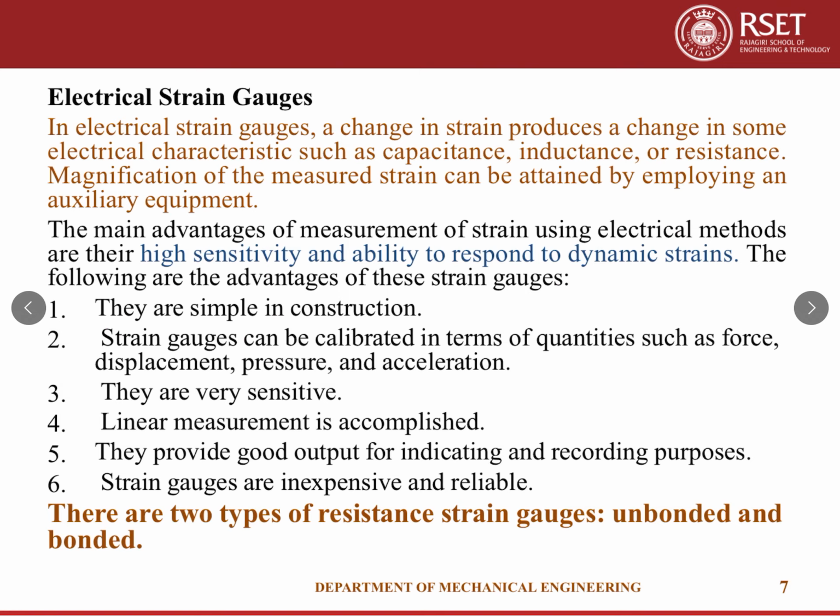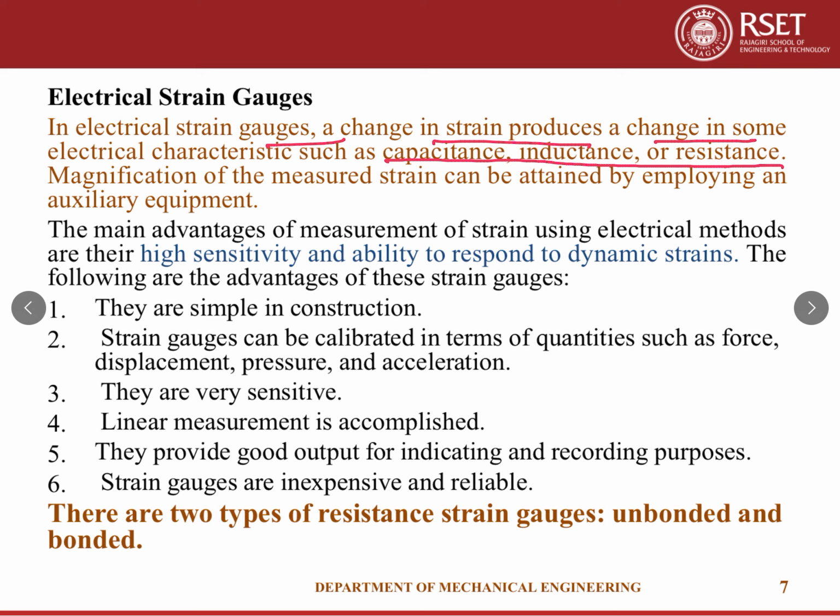Next is electrical strain gauges. In previous lectures we have discussed electrical transducers, where the physical quantity to be measured is converted to electrical form. Here in electrical strain gauges, change in strain produces a change in some of the electrical characteristics such as capacitance, inductance or resistance.